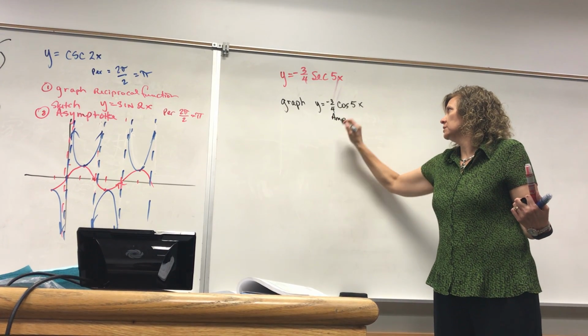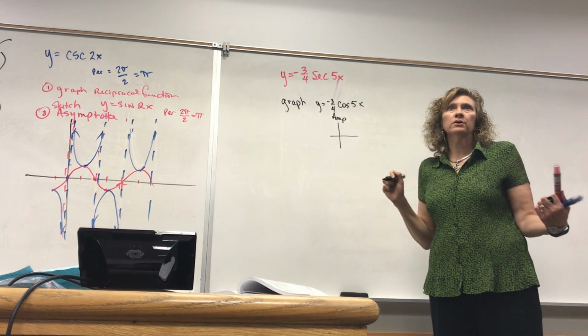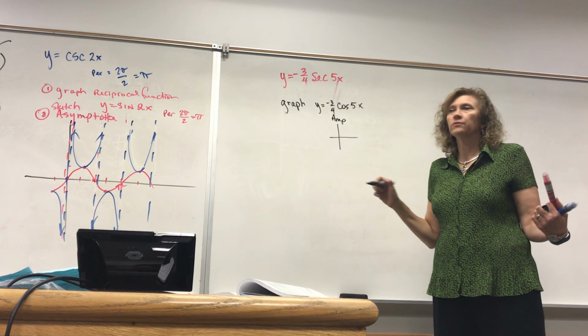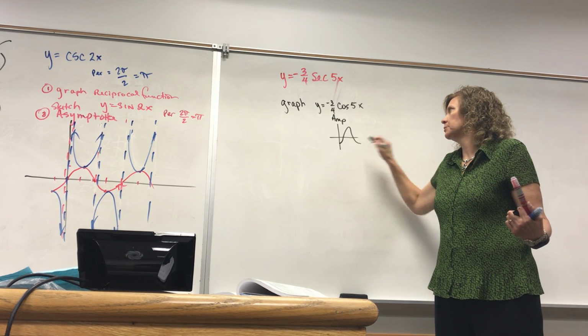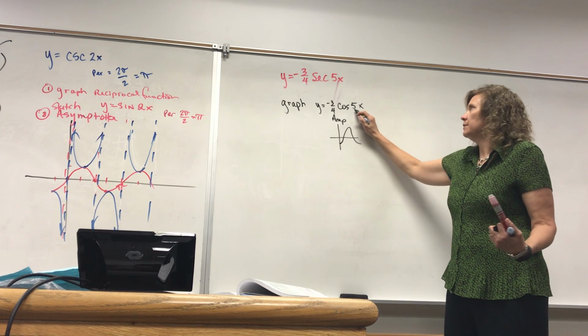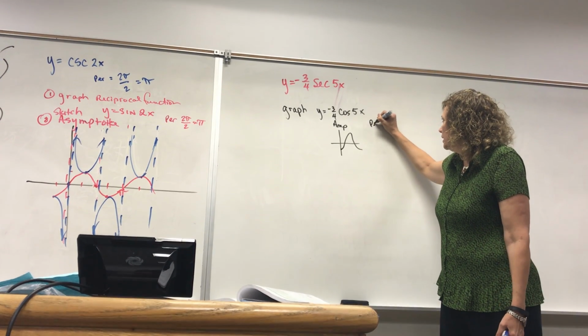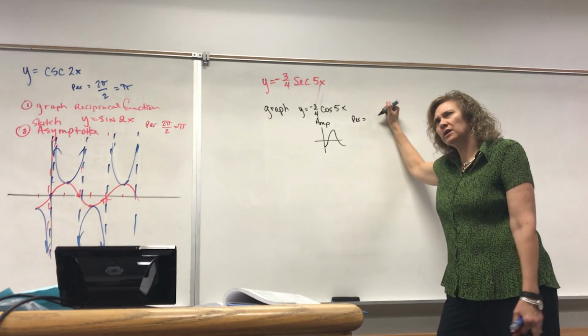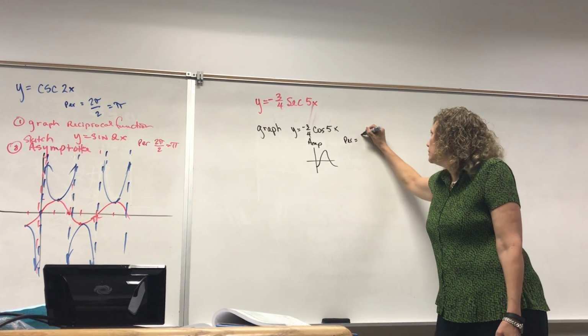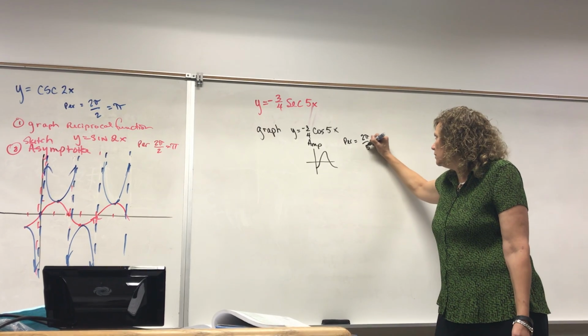The negative is going to make my curve do what? A negative cosine curve starts on the negative axis, goes up and comes down. And my 5 is going to contribute to our period length. So how do I figure this out? 2 pi divided by 5.